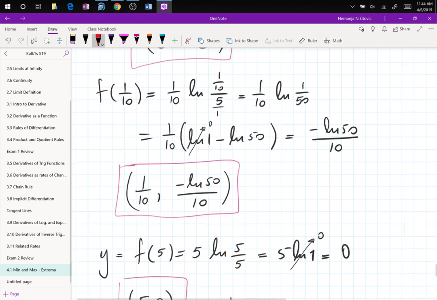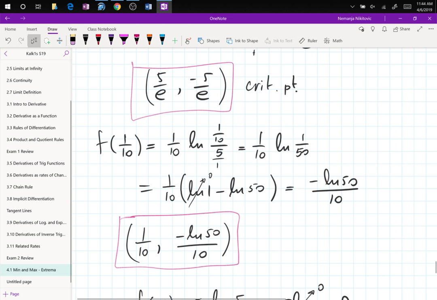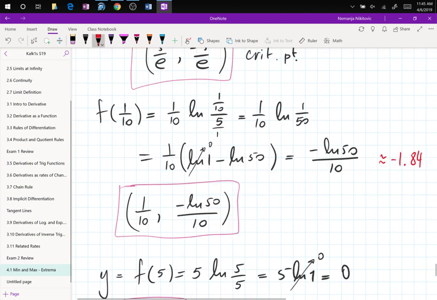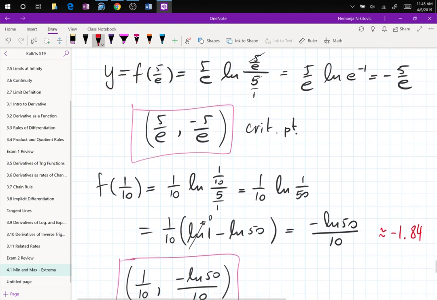All I need to do is compute decimals for -5 over e and negative ln 50 over 10 to see which one has the lower value to be our absolute min. So we go into the abacus and calculate -5 divided by e, which approximately gives me -1.84. No, that's the top one.